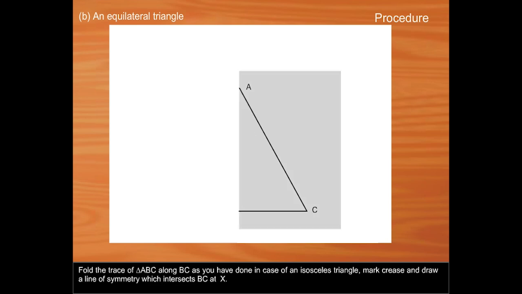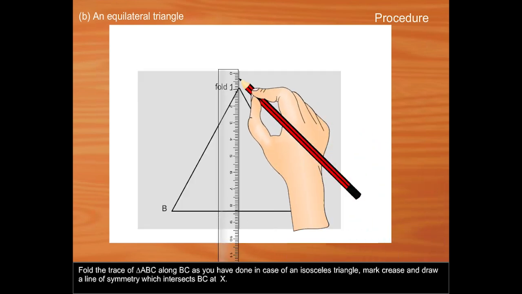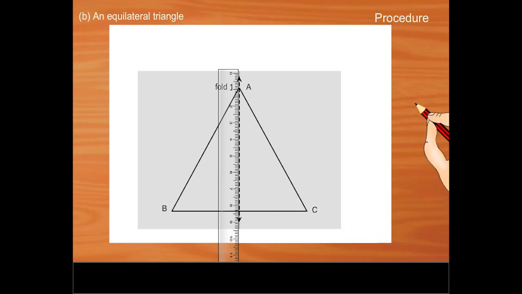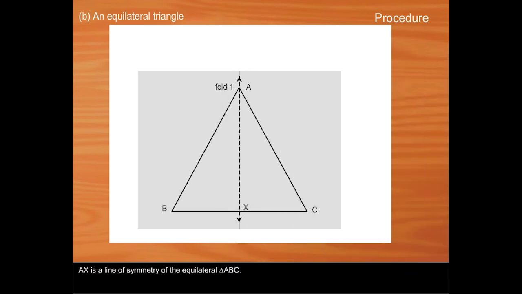Fold the trace of triangle ABC along BC as you have done in case of an isosceles triangle. Mark the crease and draw a line of symmetry which intersects BC at X. AX is a line of symmetry of the equilateral triangle ABC.